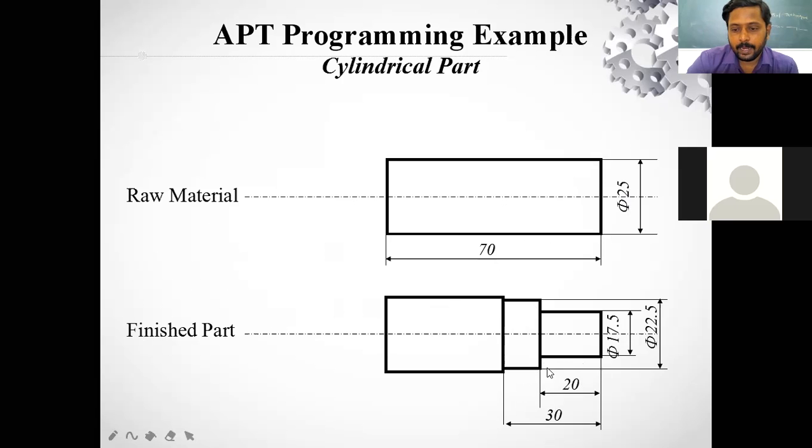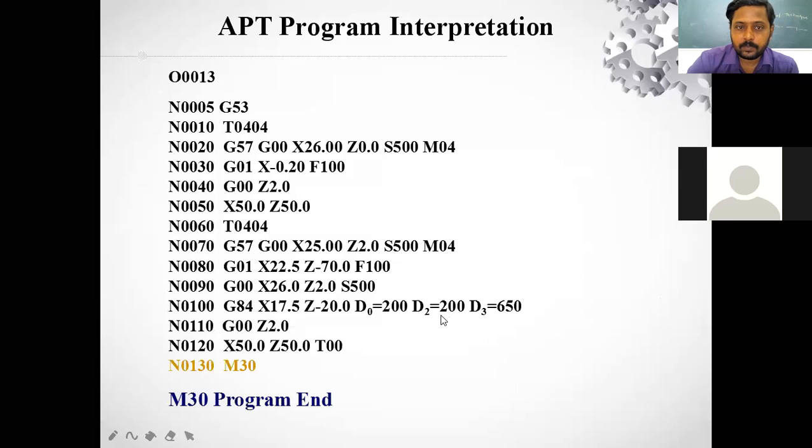First step is at 20 millimeters and second step is at 30 millimeters. And the final diameter of the second step is 22.5, and the first step diameter would be 17.5. So this is the raw material and requirement, and we are going to make the program for that particular requirement.